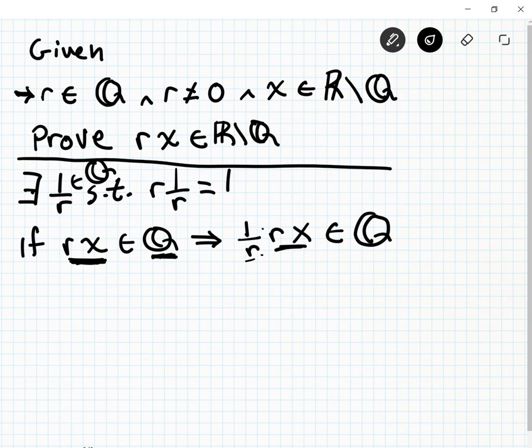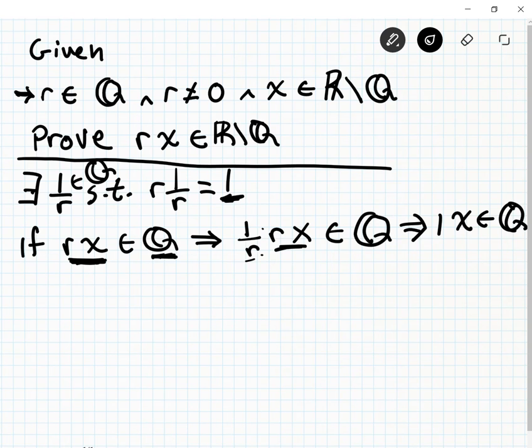Same thing, and that's going to be 1. So this further implies that 1 times X belongs to the field of rationals.